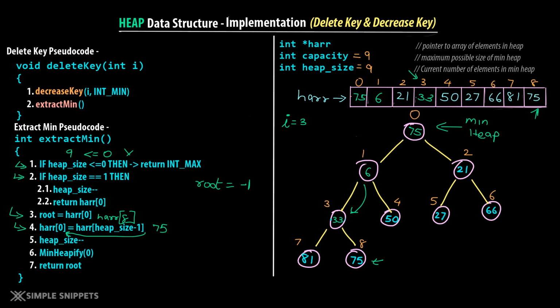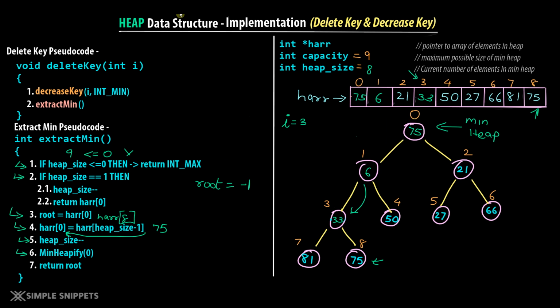Then we say heap size minus minus, so heap size becomes 8. After that we say min heapify. Now when you copy 75 at index position 0, this breaks the principle of min heap, right? Because at the root level we want the smallest value, but right now you can see 75 is not the smallest value. That's why we have to recreate the heap starting from top to bottom.